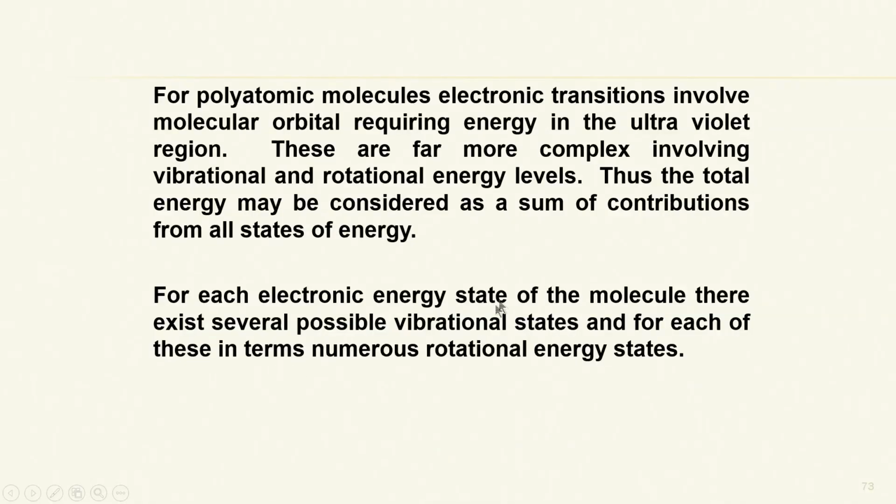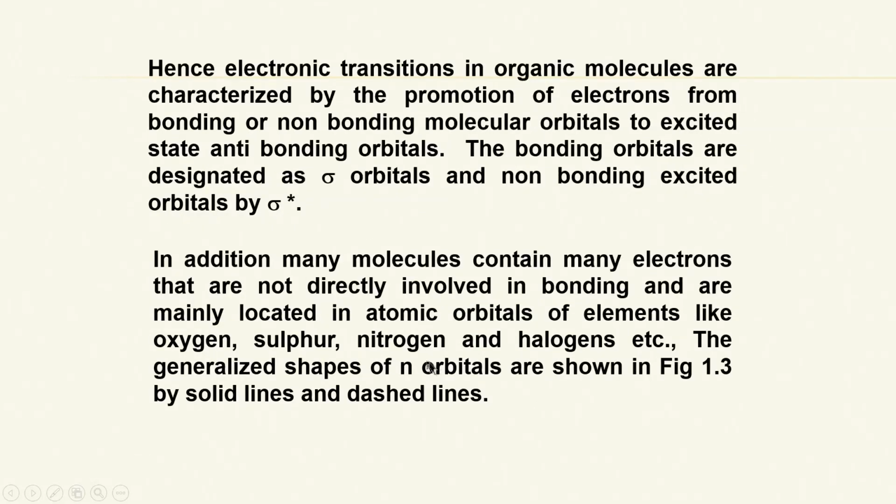So, all these 3 molecules, if I represent them, I get a peak, okay, in terms of energy, that is plotting in terms of energy. So, these energy states are represented as vibrational states, and for each of these, in terms of rotational energy states also. Okay. So, electronic transitions in organic molecules are characterized by the promotion of electrons from bonding or non-bonding orbitals to the excited state anti-bonding orbitals.